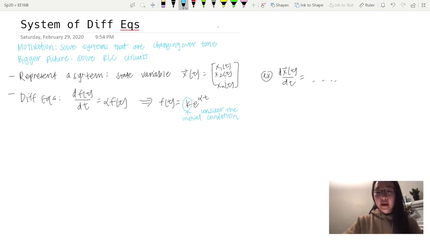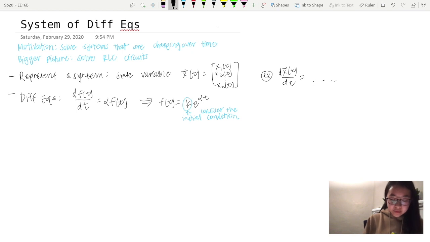Okay, so now let's go into how you solve a differential system of equations. I feel like the best way to understand this is just by running through an example together, and along the way I'll describe the main general steps that you're going to use and just how to proceed.